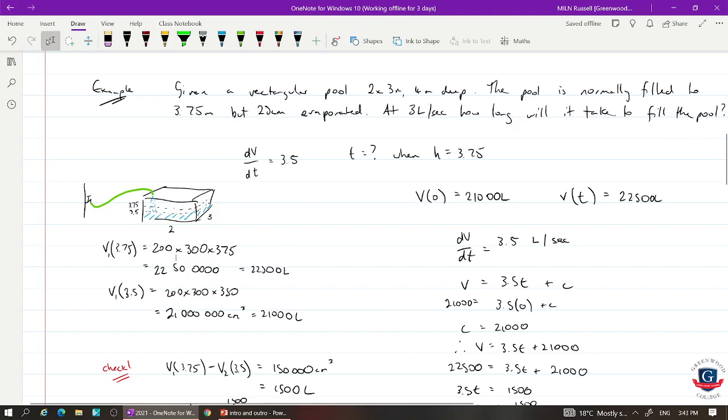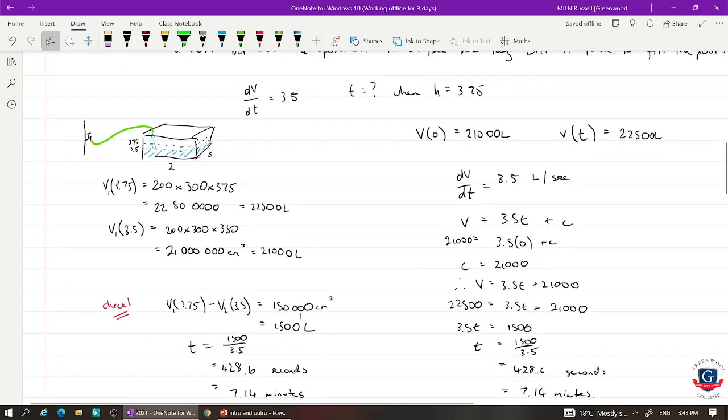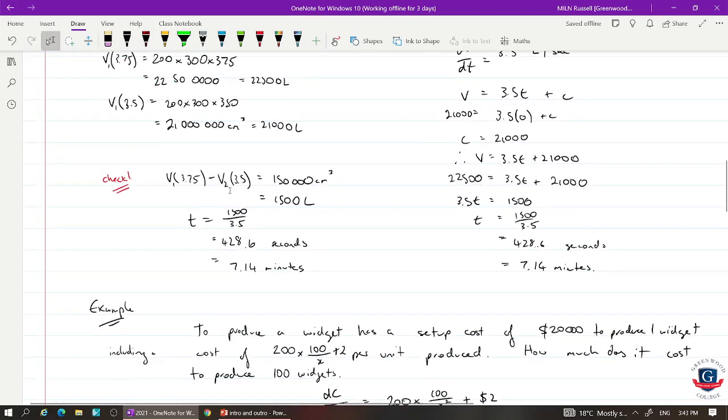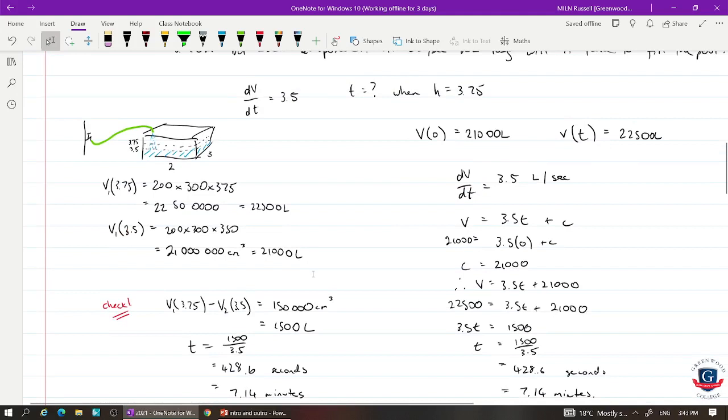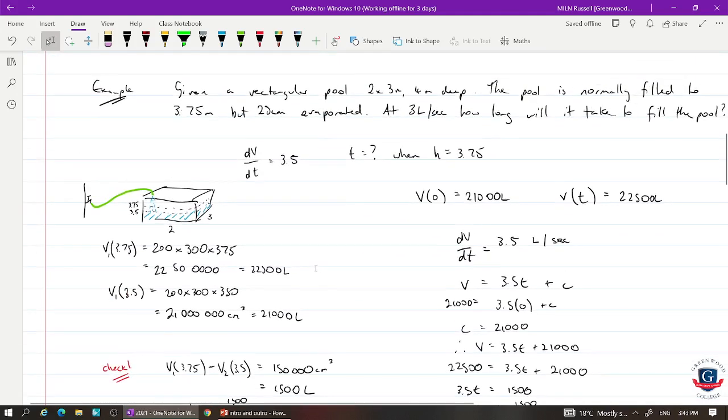We can work out how full the pool was at 3.75, 22,500 liters, and how much at 3.5, which was 3.75 take 25 centimeters, which is 21,000 liters. We can subtract that and find out that it's 1,500 liters divided by 3, and really trivially we can solve it without any calculus whatsoever. But let's do it with the calculus way.